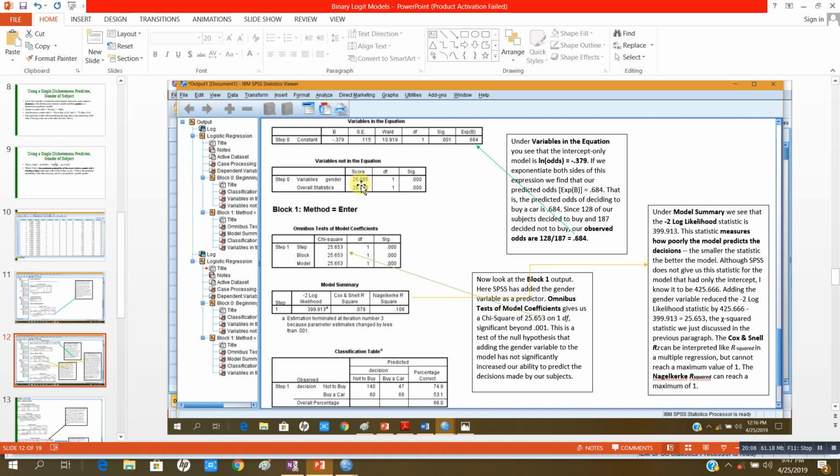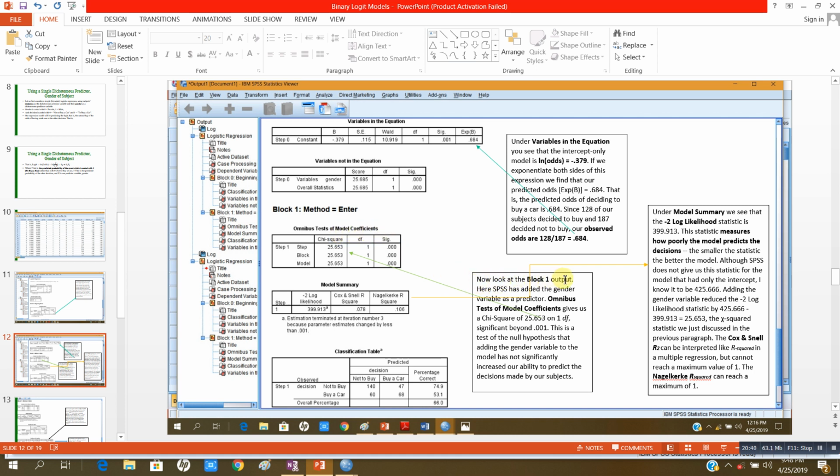Now let me come to block 1, and block 1 is the model in which SPSS has added the predictor with the constant. So this is the omnibus tests, and here is the explanation for this table, the omnibus test of model coefficients. Now if you look at block 1 output, here SPSS has added the gender variable as a predictor in this model.